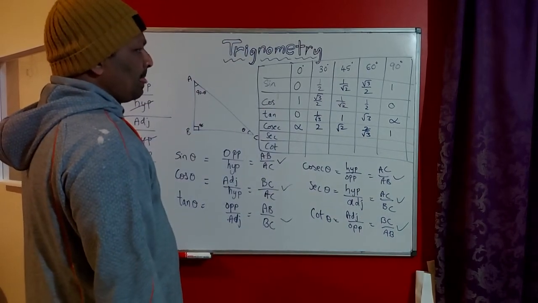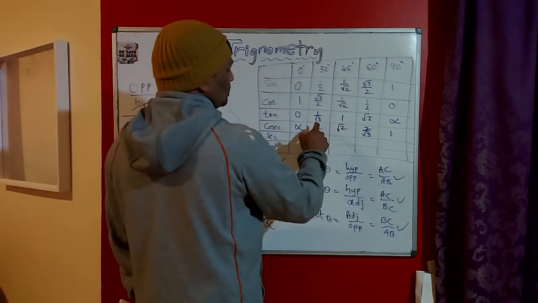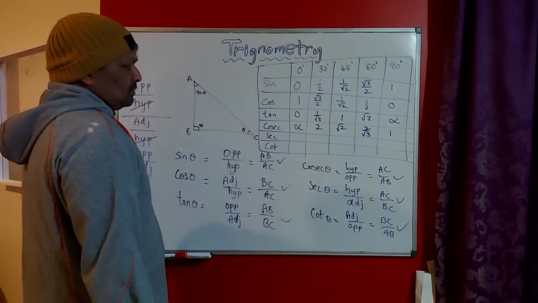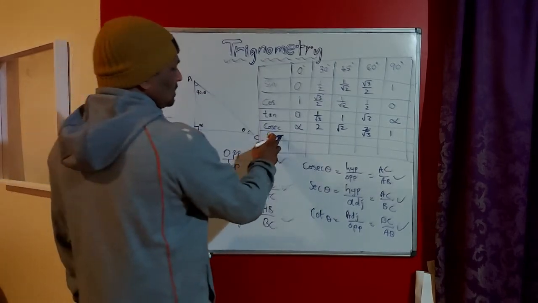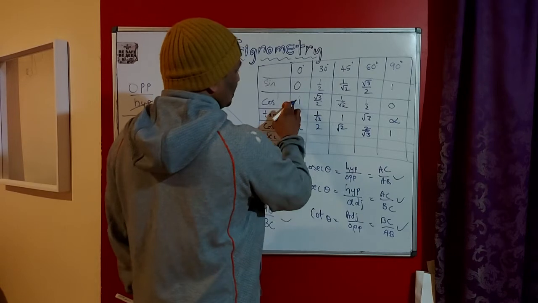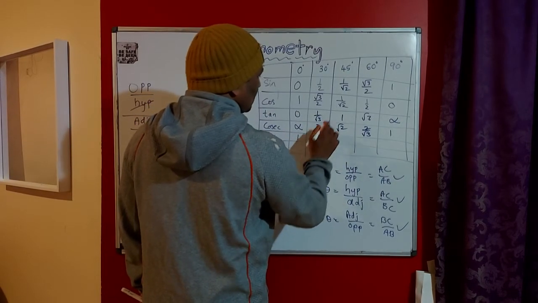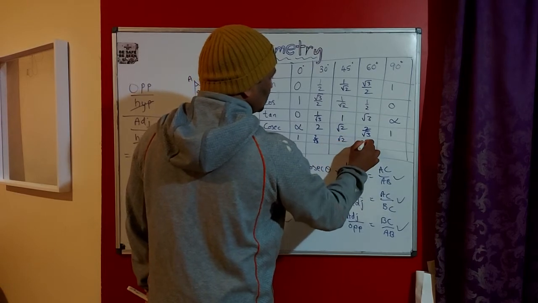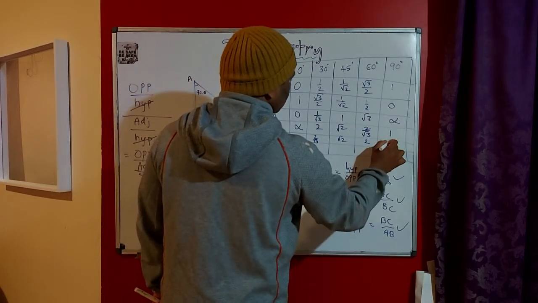And similarly, secant should be the reciprocal of cos. 1 by 1, 1. 2 by root 3. Root 2, 2. And 1 by 0, that is equal to infinite.